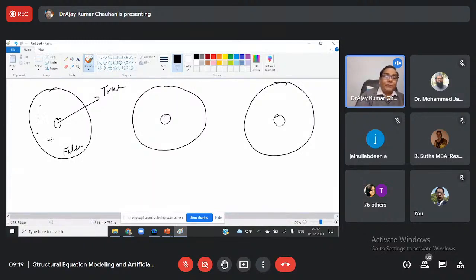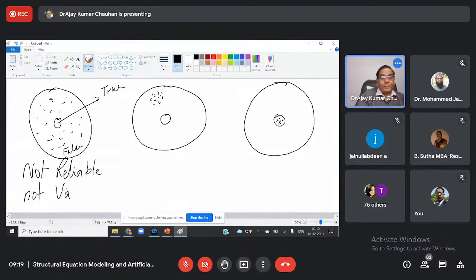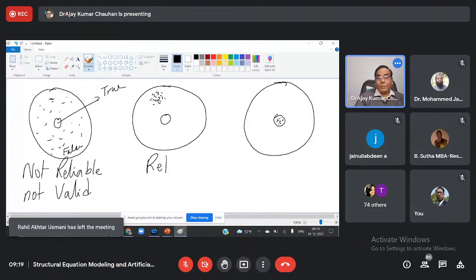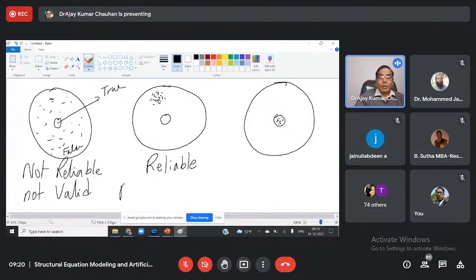In this case, you are getting the responses like this, in the second case you are getting the responses like this, and in the third case like this. These kinds of responses are known as not reliable and not valid. This kind of response is called reliable but not valid, because every time you are getting the same response, but all the responses are false.